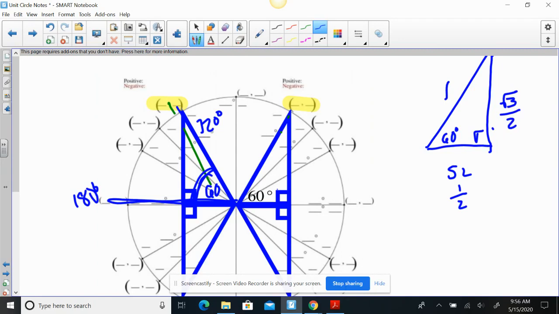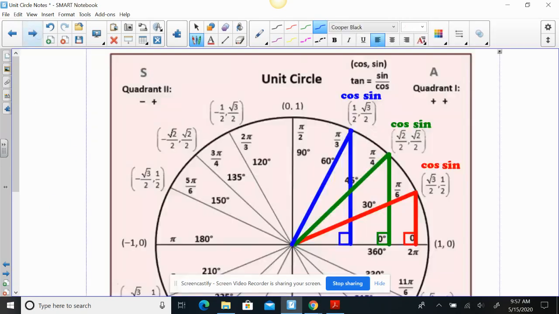Unit circle always has a hypotenuse of 1. So essentially, I'm just flipping. So now this is 1/2, rad 3 over 2. It's the same way for every reference angle of 60, except my signs just change. All right, so I hope that makes sense. So that's how you can get all of these coordinates in the unit circle.